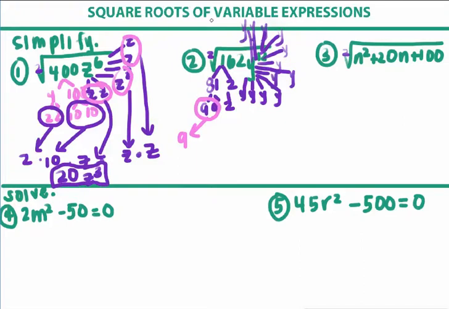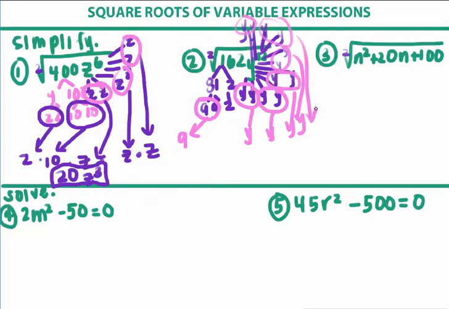Okay, so index is 2, which means I need groups of 2s. So here's a group of 2 y's, another pair, one right here, one right there, and then there's my last one. So how many y's can I pull out from this? I have 1, 2, 3, 4, 5, and then 6.